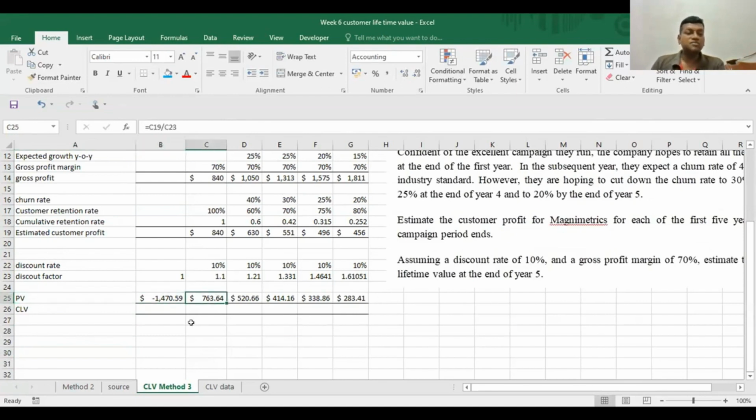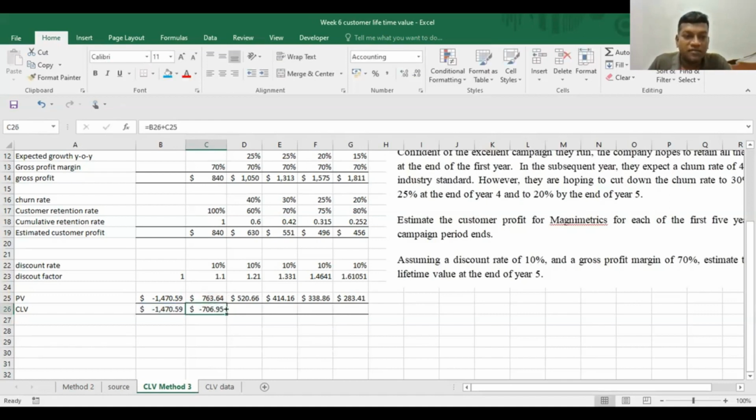Now the customer lifetime value would actually be, I will calculate, this first year, in fact it's negative. This becomes this value plus this value.